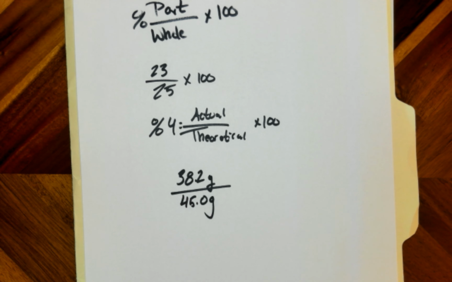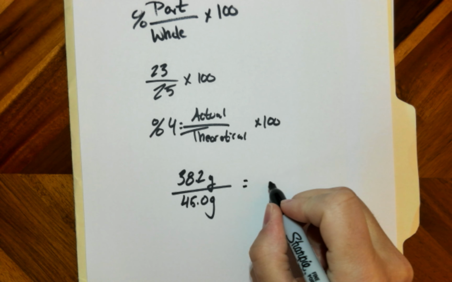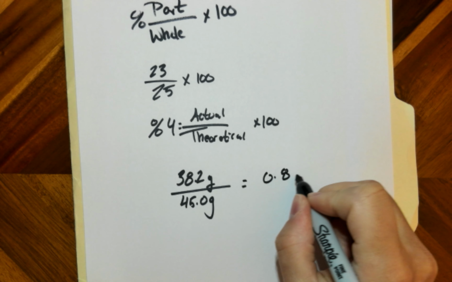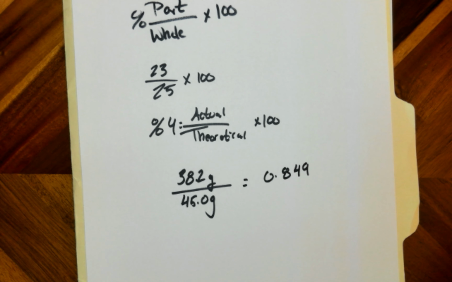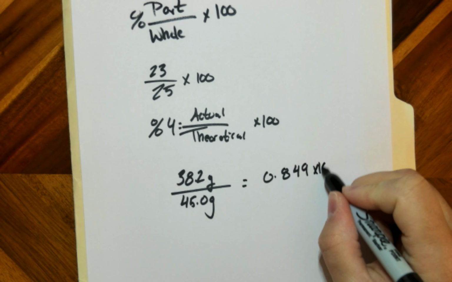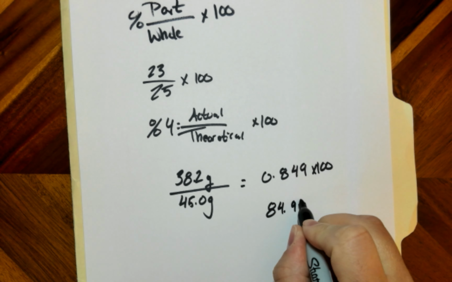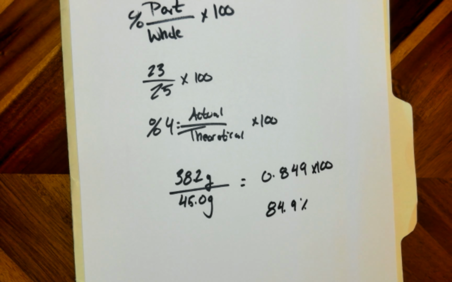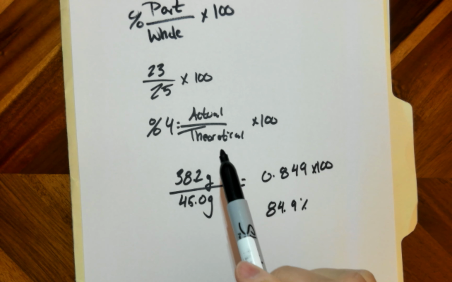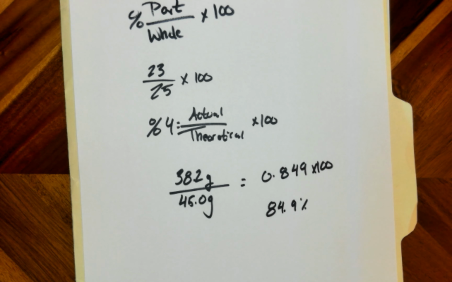And so when you do this, you should end up getting 0.849. And now we want to convert this to a percentage, and we just do that by multiplying by 100. And we get 84.9%. Great. And so this is the formula that percent yield uses, right? It's the actual over the theoretical times 100.